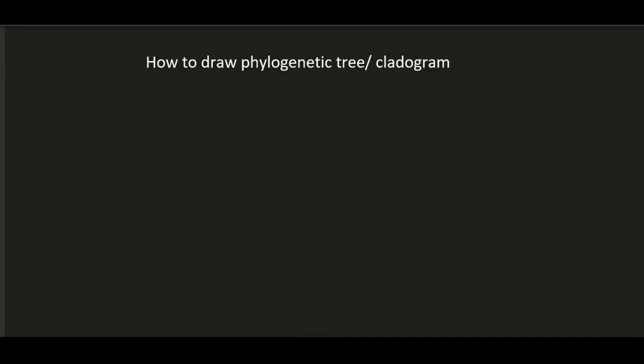So today we are going to learn about how to draw a phylogenetic tree or cladogram. In real life, we have to consider lots of species at a time, and we have to analyze their molecular basis and their genetics.